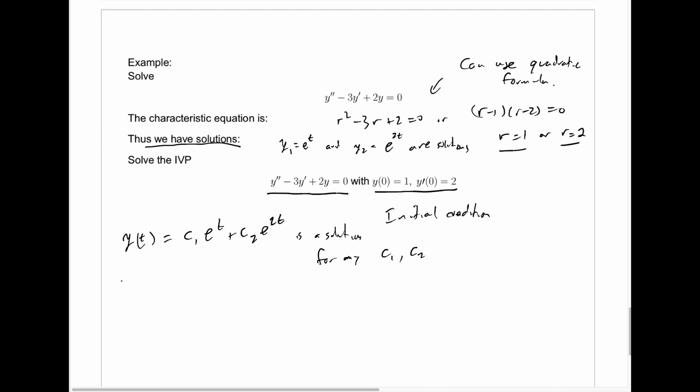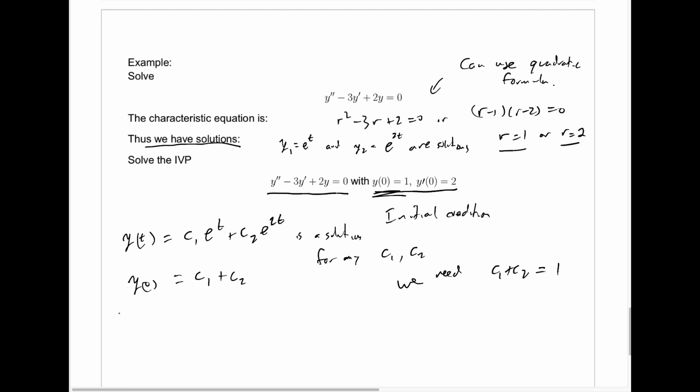And then, of course, from this y of 0, when I just plug in t equals 0, I get c1 times 1 plus c2 times 1. So I get c1 plus c2. And so we need c1 plus c2, that's y of 0, to be 1 from this first part of the initial condition.